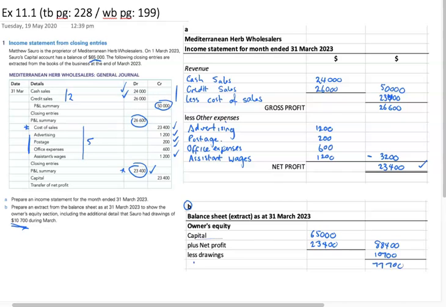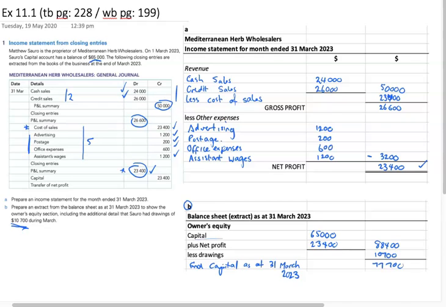We will write end capital here, and we should put the dates. End capital as at 31 March 2023.